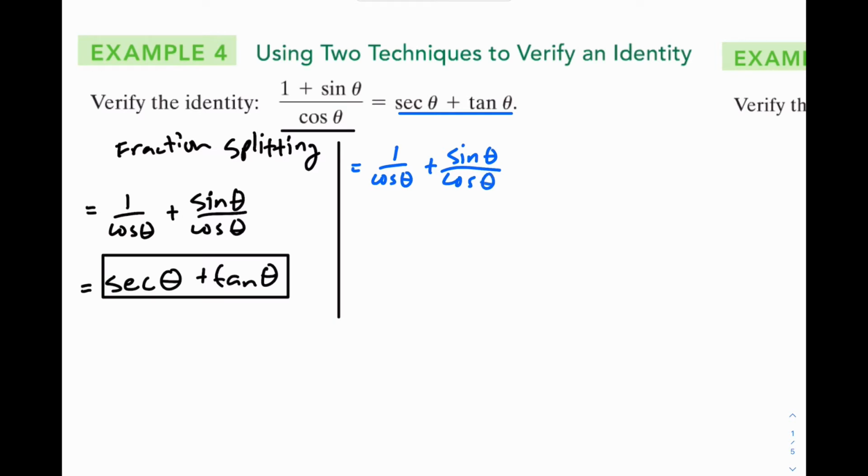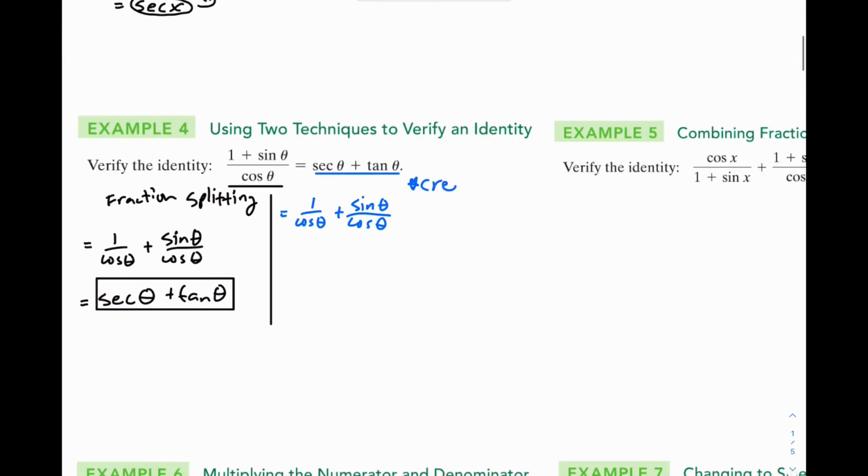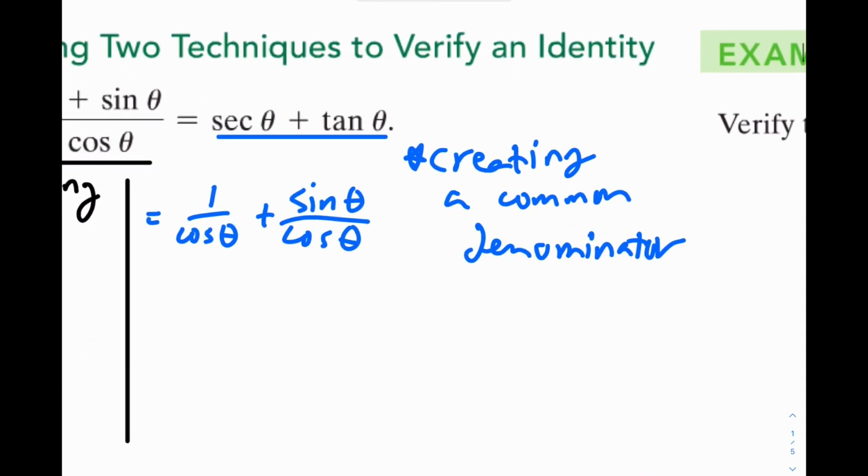This technique is a bit more simple. This is simply creating a common denominator. So we can see we're adding 2 fractions, and actually this one's nice because they both have cosine already.